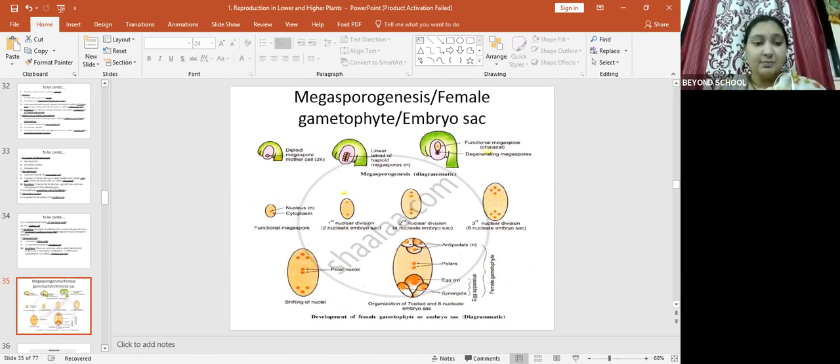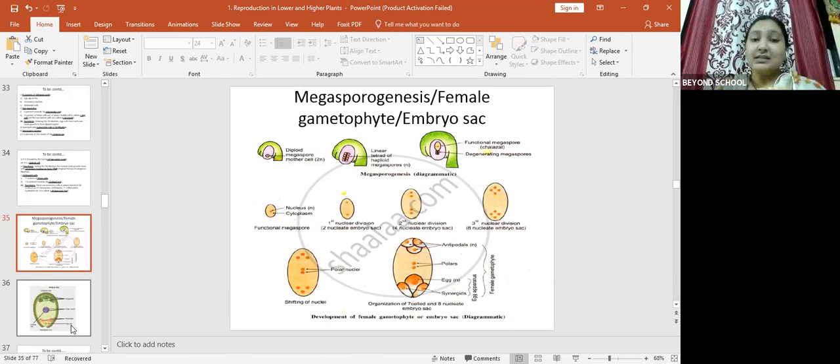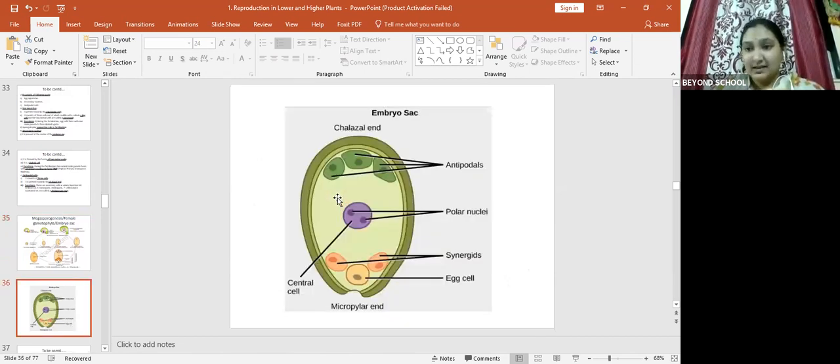This is a diagram of the embryo sac, which finally leads to the proper formation of the embryo sac, also called the female gametophyte. When it was young, we called it the nucellus, and when it matures, it consists of a chalazal end and a micropylar end.